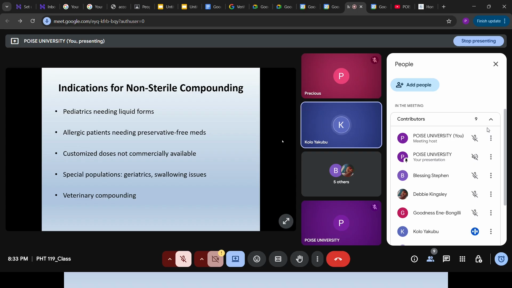Another example of why we have to do non-sterile compounding is allergic patients needing preservative-free medications. So the medications exist in the way they should be. For every medication, you see there are a lot of things: active pharmaceutical ingredients, some water, some other liquids, preservatives, coloring agents, some sweeteners and all of that.